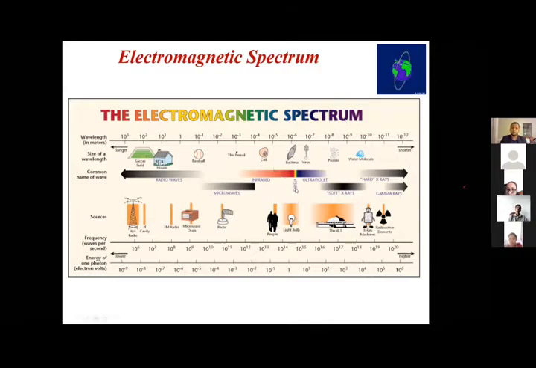Then you have the visible part, which is very, very important, and our eyes are sensitive to only this part of the electromagnetic spectrum, which allows us to differentiate and see things how they exist in nature. UV rays and X-rays can have different sources, like an X-ray machine; radioactive elements, which are found naturally or synthesized, can emit X-rays and gamma rays.